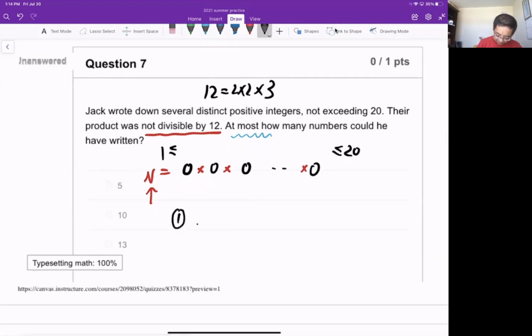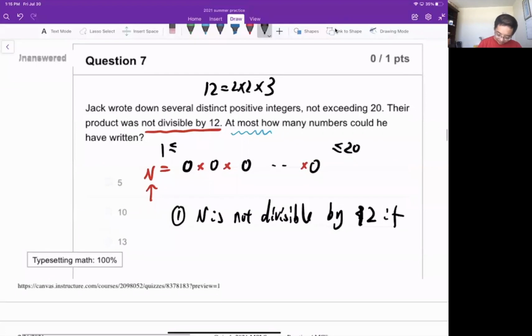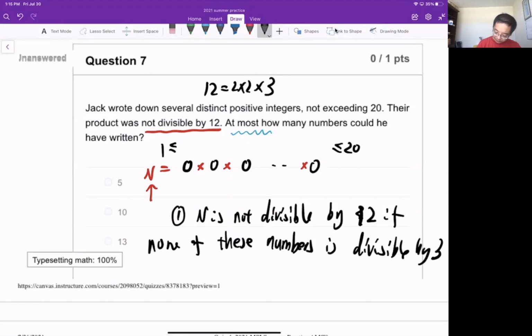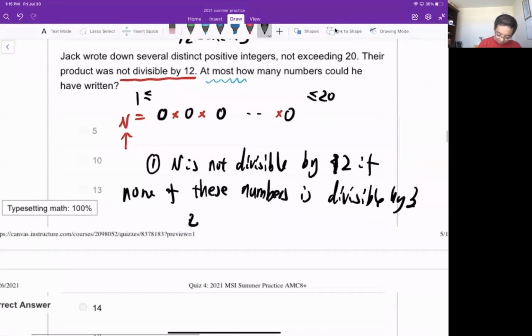First of all, n is not divisible by 12 if none of these numbers is divisible by 3. All right, so the natural thought will be, let's just exclude those numbers which are divisible by 3, right? So let's exclude 3, 6, 9, 12, 18.